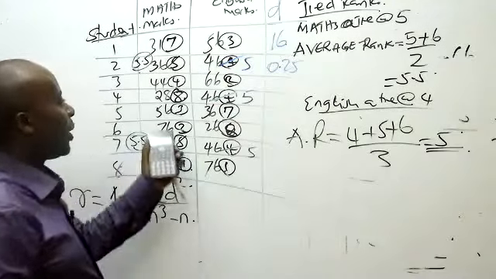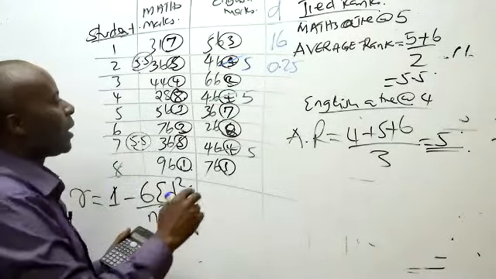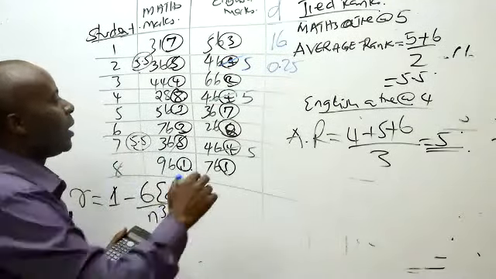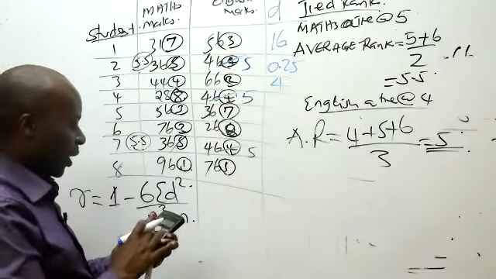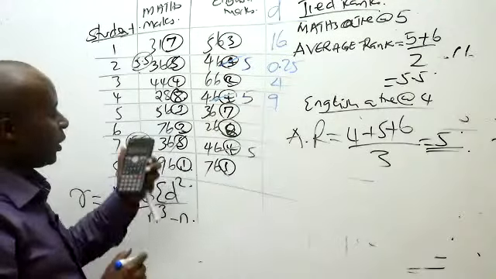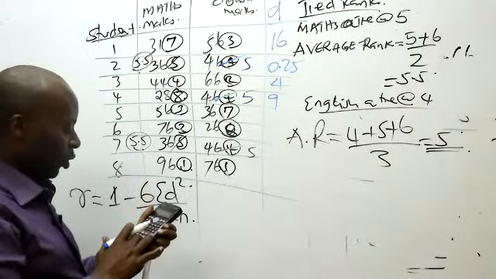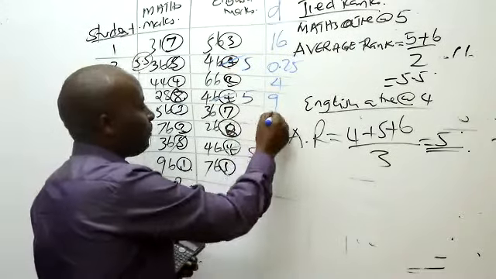0.25. The next one is 4 minus 2, which gives me 2. 2 squared gives me 4. From there we have 8 minus 5, giving me 3. 3 squared gives me 9. From there we have 3 minus 7, which gives me minus 4. Minus 4 squared gives me 16.